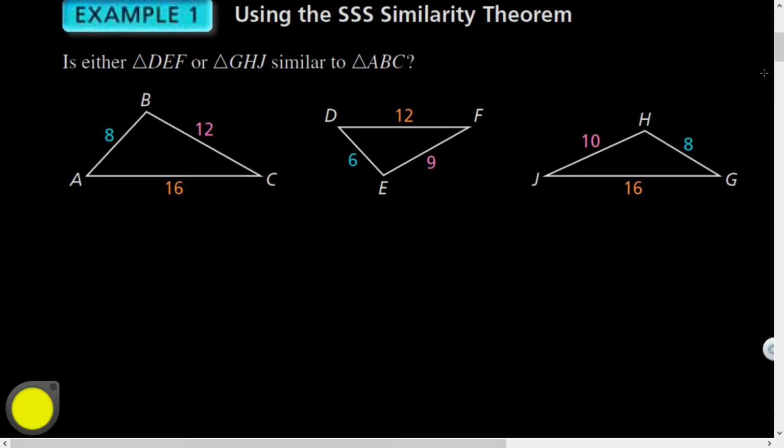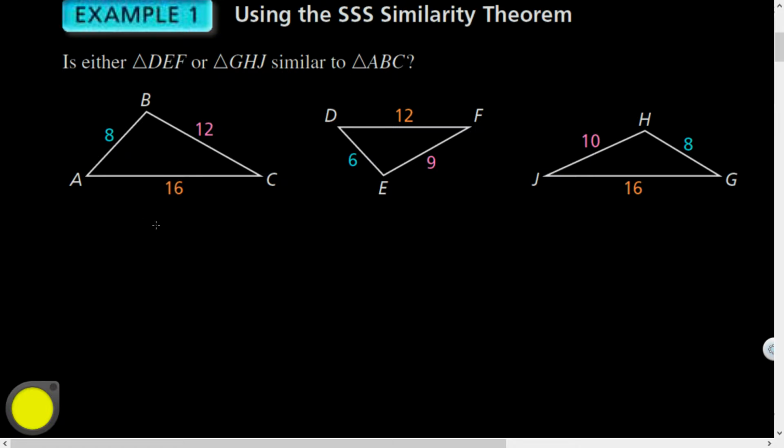All right, let's see. Are any of these triangles similar? Oh, cool. They were kind enough to color coordinate for us. On yours, you have black and white. Either way, let's compare.